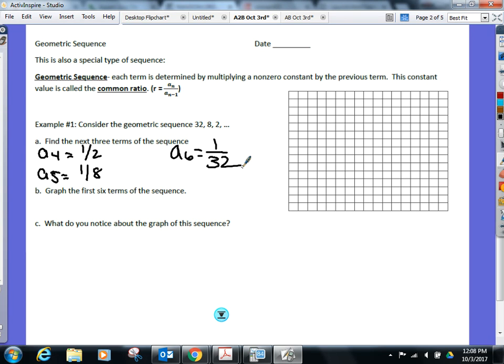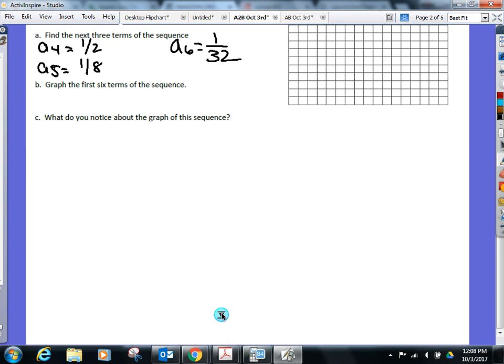Okay. I'm not graphing this, not right now. Definitely don't have the time. What do you notice about this sequence here? What did you guys say? You're dividing by what? Dividing by 4, which is the same as what?